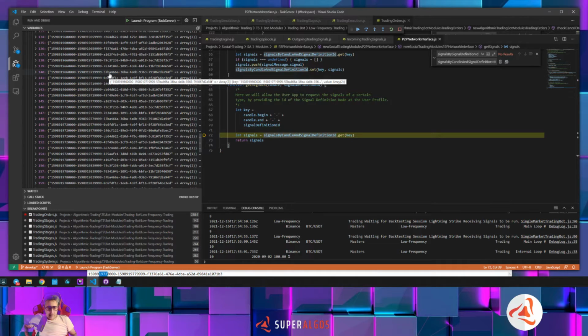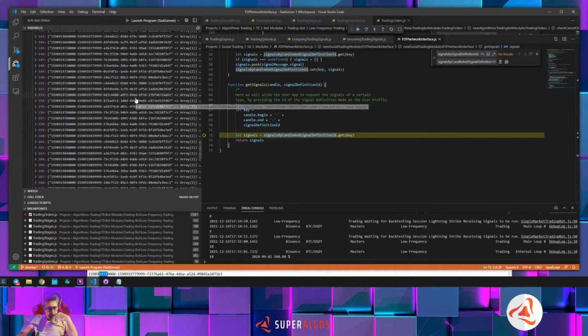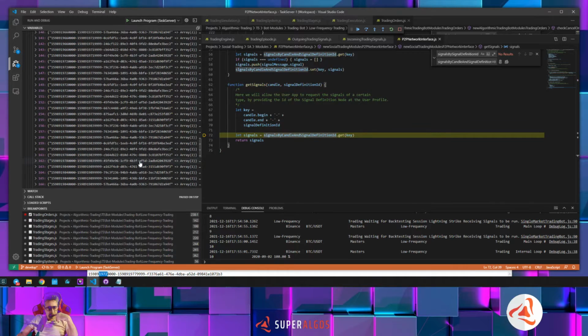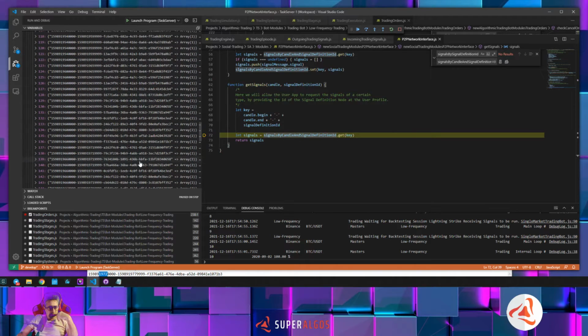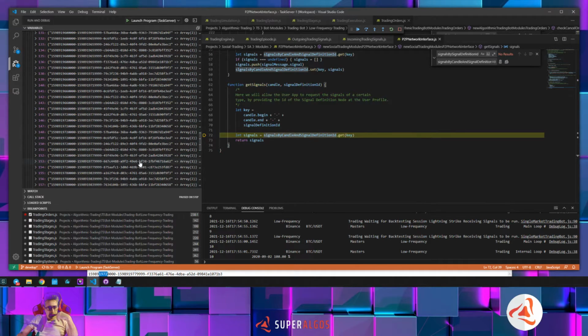There's no F33. Okay, so it doesn't find it because the key is not there. That's the bottom line. It's simply not there.